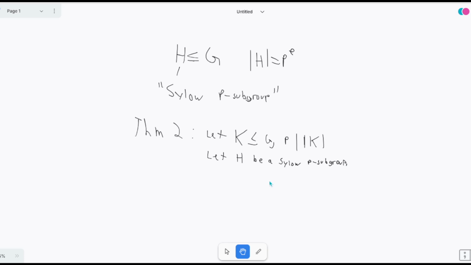Then there is some, either H or some conjugate of it.